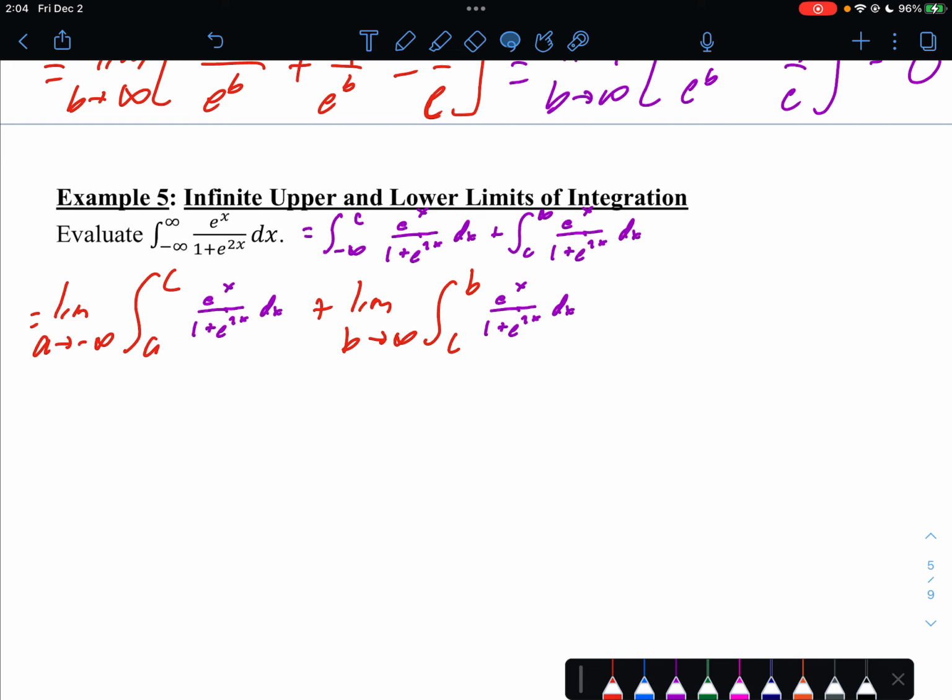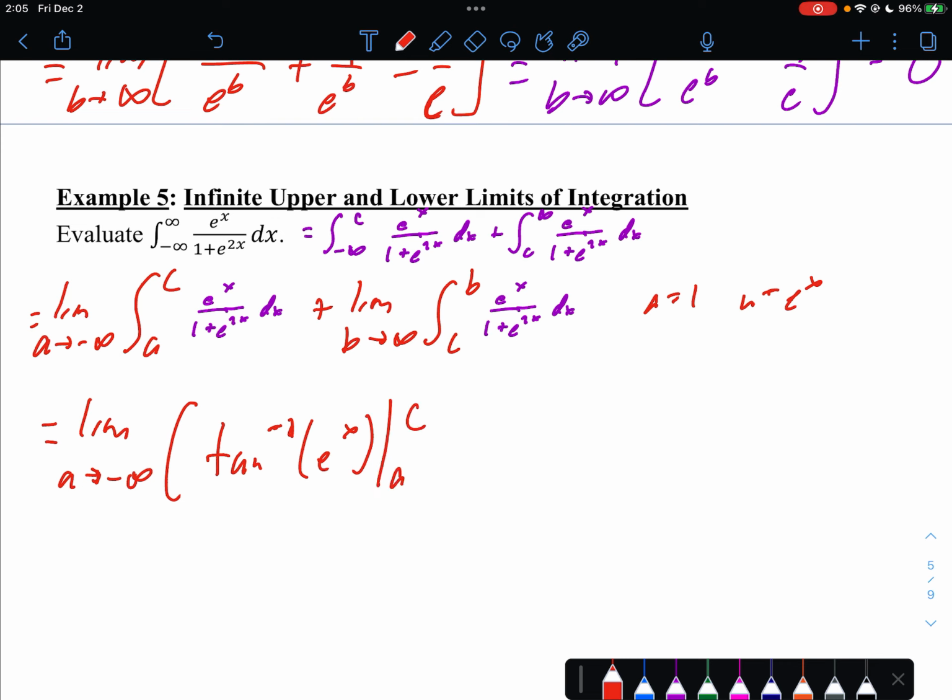So again, we should recognize this as another arctangent integral where a is 1 and u is e to the x. So it's going to be limit as a approaches negative infinity of tangent inverse of e to the x from a to c, plus limit as b approaches infinity of tangent inverse of e to the x from c to b.